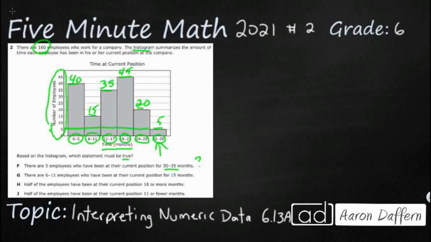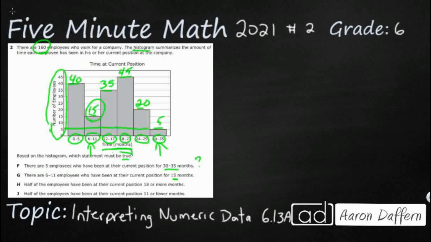G. There are 6 to 11 employees who have been at their current position for 15 months. Now, take a look at how sneaky this is, because we've got 15. We've got our 6 to 11. So a lot of people are going to be like, yes, but read it slowly. 15 months. Well, if you look at the months down here, this actually is 6 to 11 months.